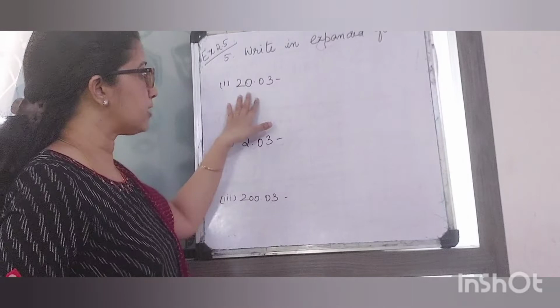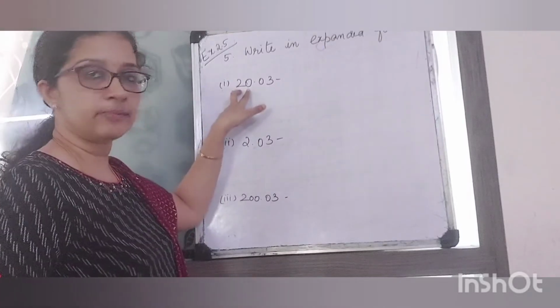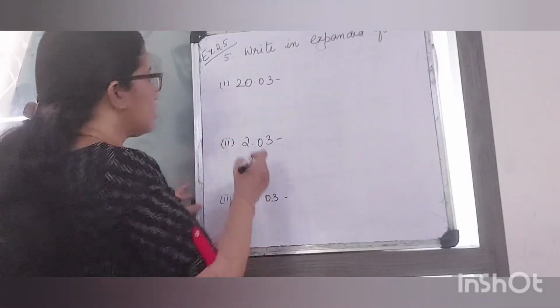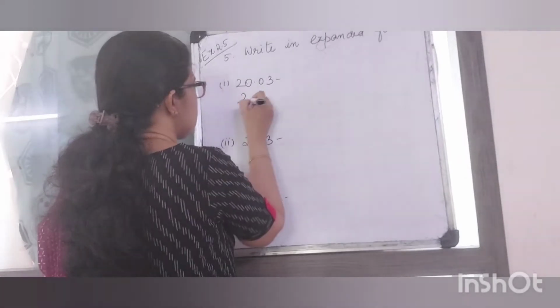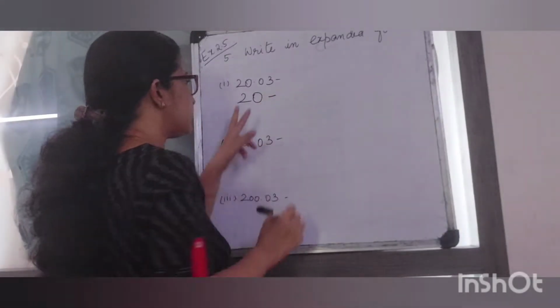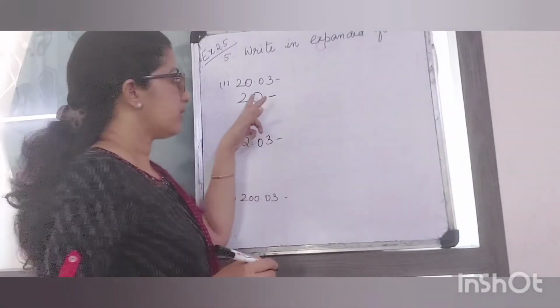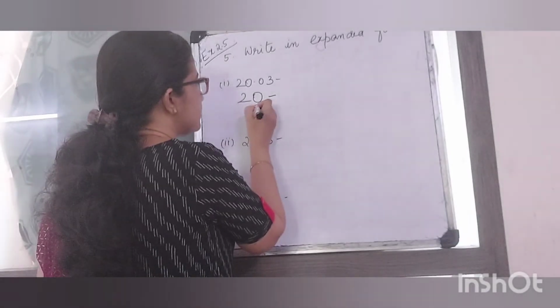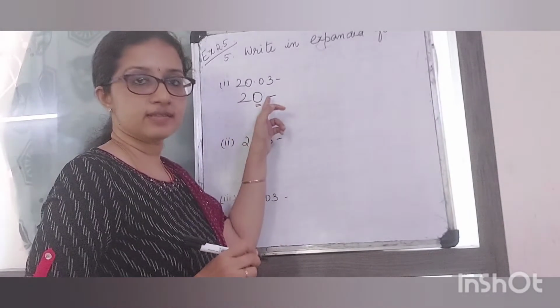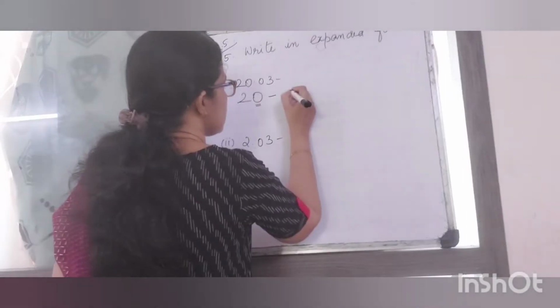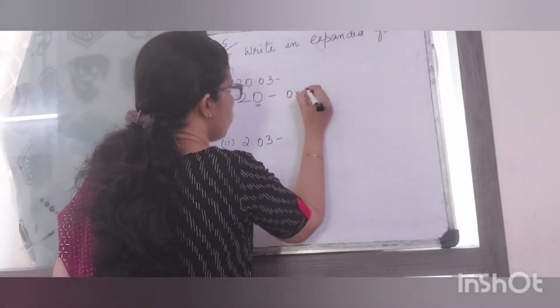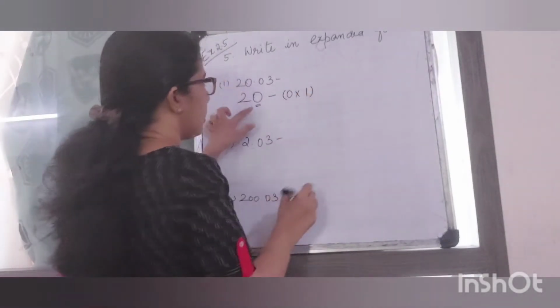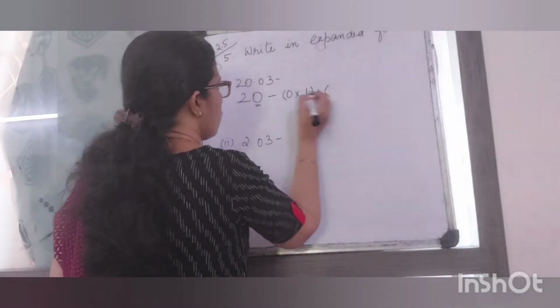To solve this, let's take the integer part, which is 20. How do we expand this 20? This is the units place, right? So we write 0 into 1 plus, what is this place?